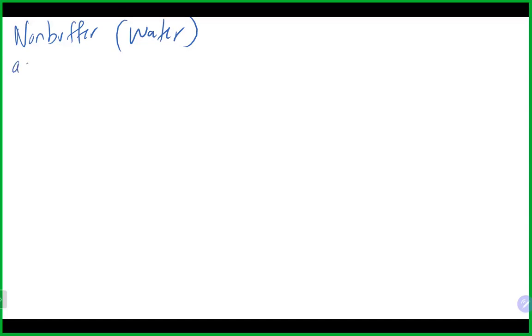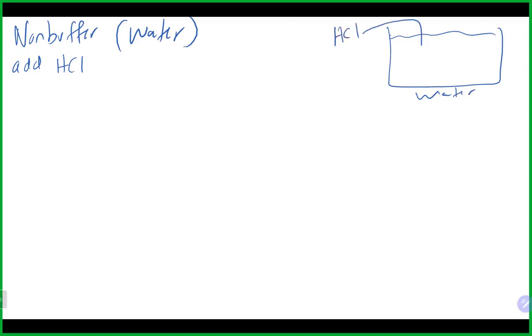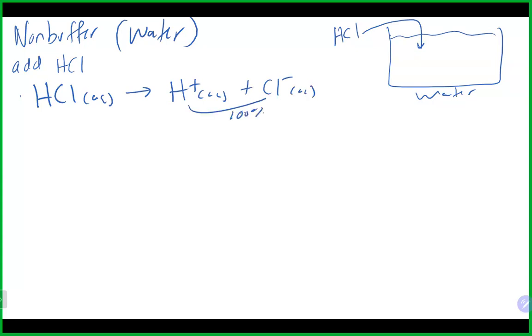If I add HCl to water, so I got me some water over here, and I decide to dump in there some HCl. Because it's a strong acid, as we've been talking about, it will 100% break apart into H plus and Cl minus. You'll have 100% of these ions.